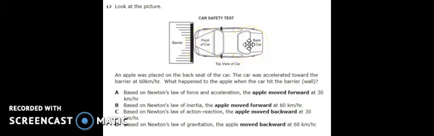B, based on Newton's law of inertia, the apple moved forward at 60 kilometers per hour. C, based on Newton's law of action-reaction, the apple moved backwards at 30 kilometers per hour. D, based on Newton's law of gravitation, the apple moved backwards at 60 kilometers per hour.